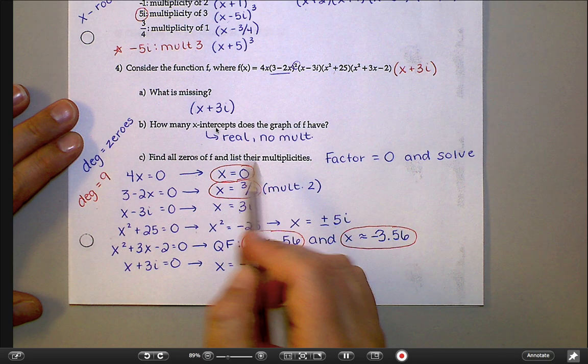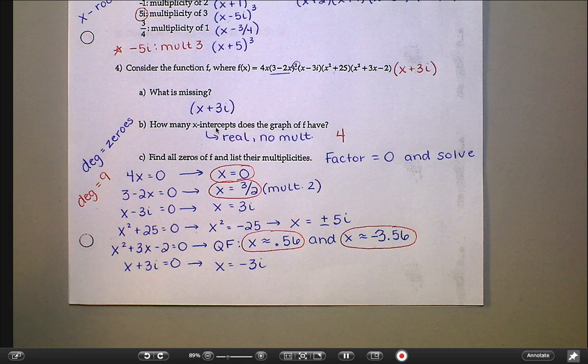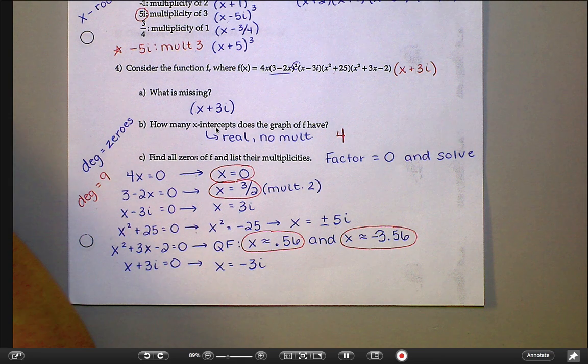So I have 1, 2, 3, 4 x-intercepts. Again, x-intercepts are any of your real roots, not including your multiplicities, if you think about where this is physically going to cross the axis. I'll go ahead and put together another video with the second page of this, but hopefully that helps out a little bit with the first.